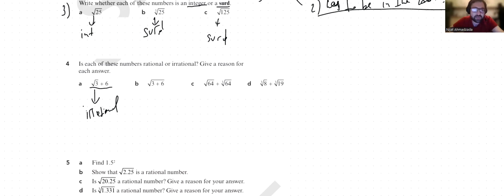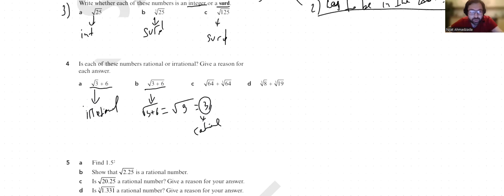Well, that is an integer plus an irrational thing, so it has to give you an irrational number at the end of the day. So square root of 3 plus 6 is equal to square root of what's 3 plus 6? 9. Square root of 9 is 3, so it is rational.